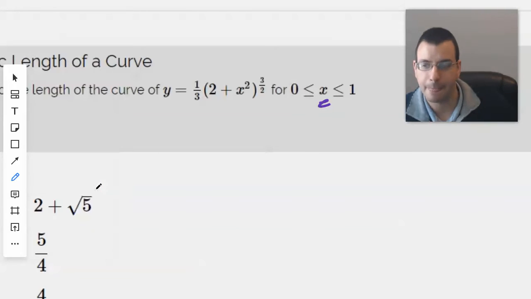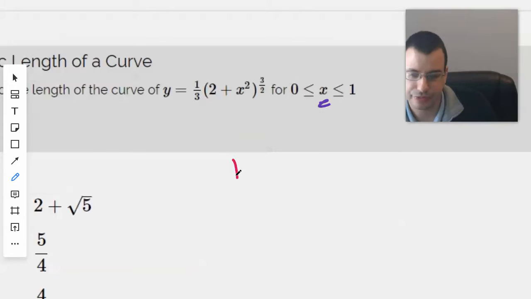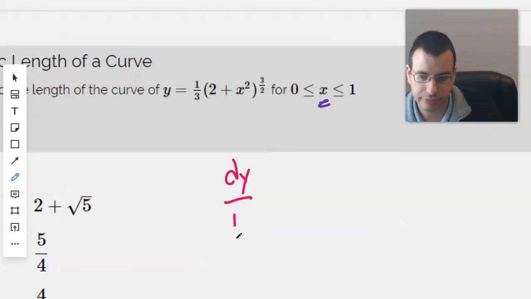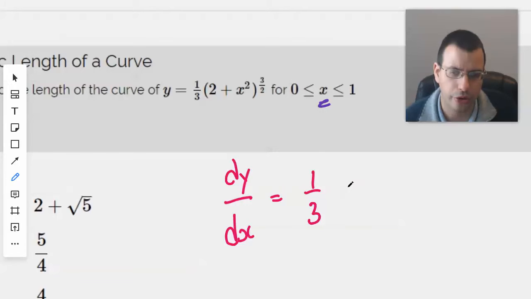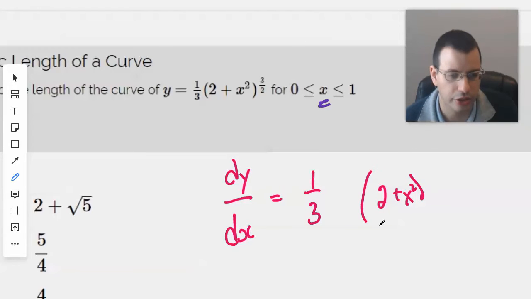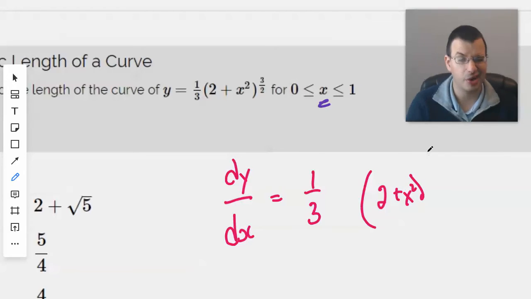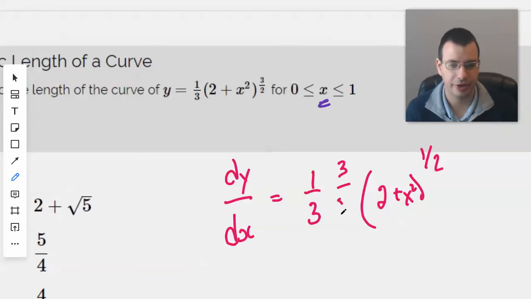Okay, dy/dx. We're going to use the power rule here. So we'll do 1/3 times (2 plus x squared). 3/2 minus 1 is 1/2. And then we'll multiply by 3/2 here.